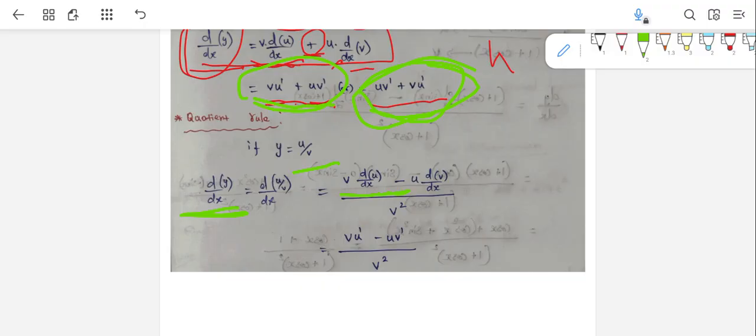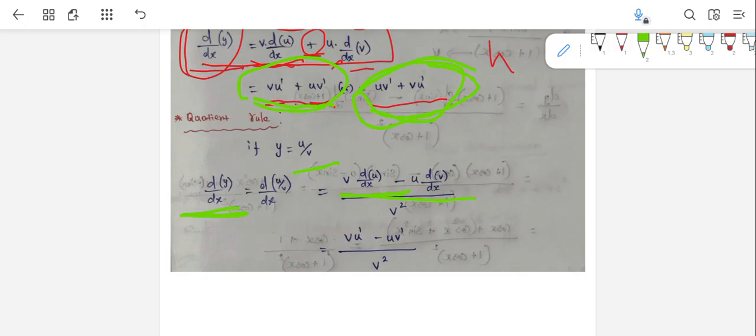So it is v into du by dx minus u into dv by dx only. You can't write u first and then negative and then this one. I hope you are understanding, because 3 minus 2 is 1, but 2 minus 3 is minus 1, right? So keep that in mind, guys. You can't change it; as it is you need to remember and write.